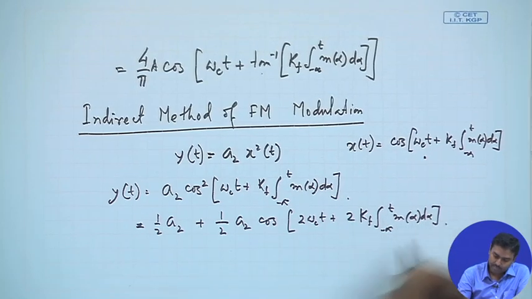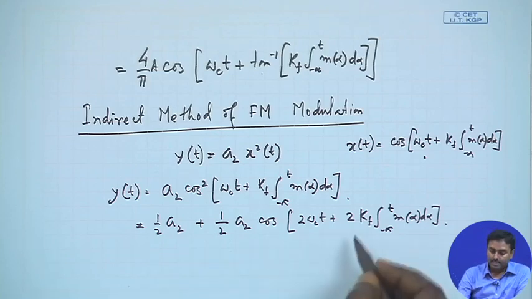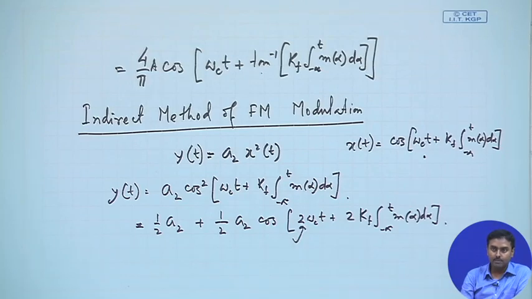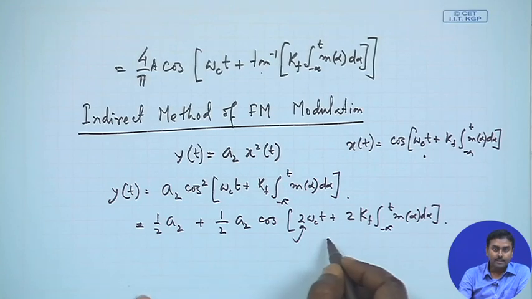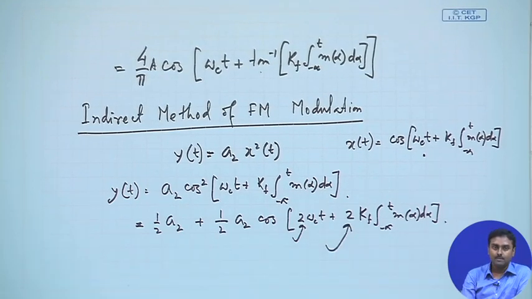Now, you will be able to appreciate why he was doing that. So, what is happening? There is a 2 factor which has come over here, that something probably was not desired, but we will discuss about that. But what was desired was, there is a 2 factor which has come over here.